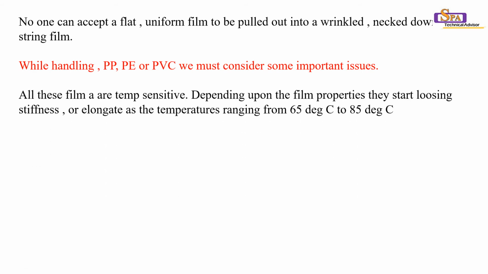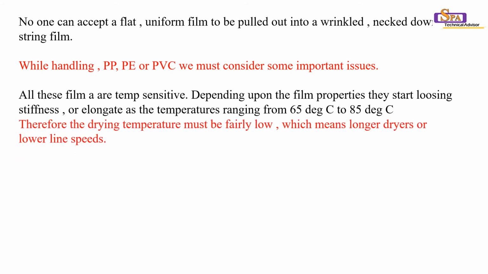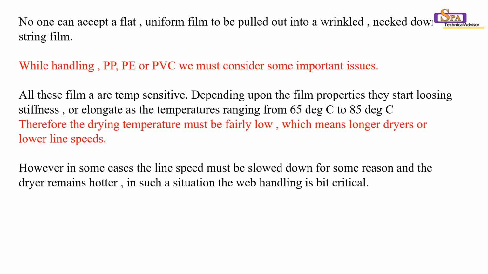These films are temperature sensitive. Depending upon the film properties, they start losing stiffness or elongate as the temperature ranges from 65 degrees centigrade to 85 degrees centigrade. Therefore, the drying temperature must be fairly low, which means longer dryers or lower line speeds. However, in some cases, the line speed has to be slowed down for some reasons and the dryer remains hotter.